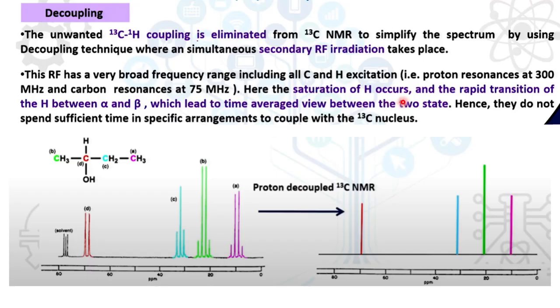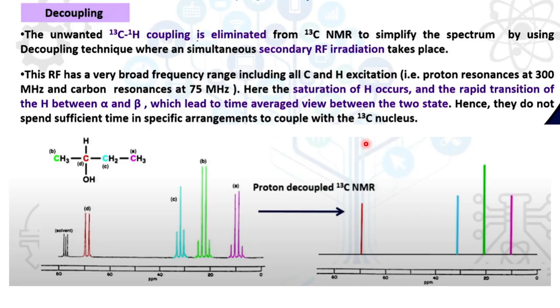Here the saturation of hydrogen occurs, and the rapid transition of the hydrogen between alpha and beta leads to a time-averaged view between the two states. Hence, they do not spend sufficient time in a specific arrangement to couple with the carbon nucleus.